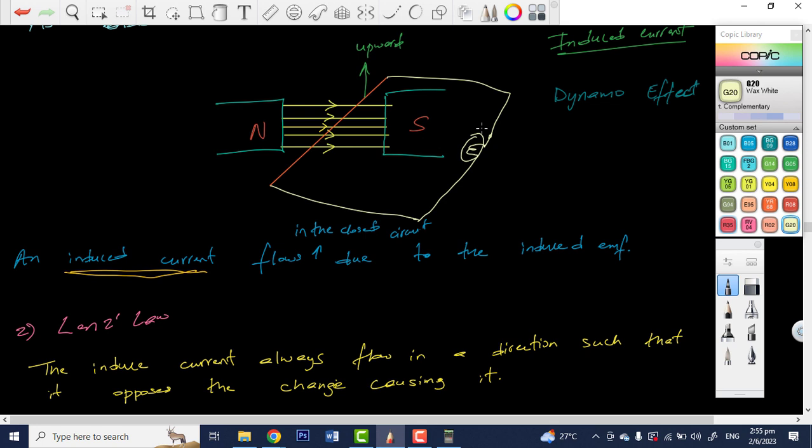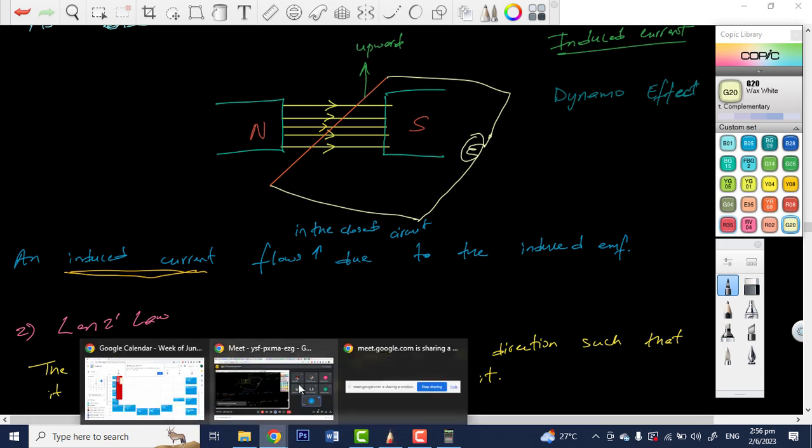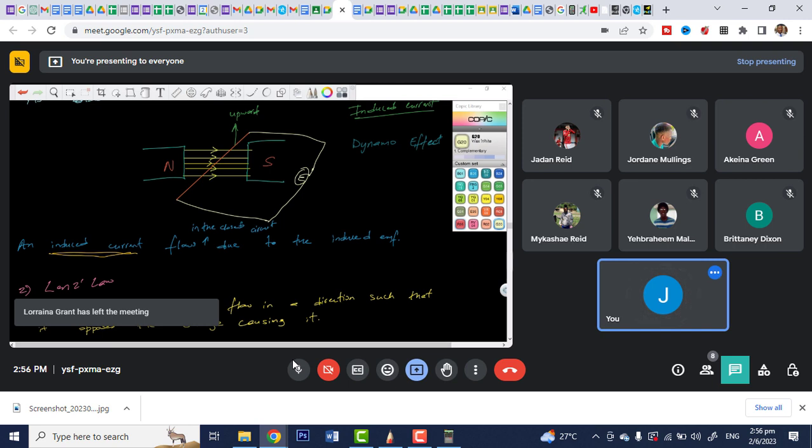So what we're saying is that as we move the conductor upward, that induces a current. Now there's going to be a current flowing in this conductor to prevent us from moving the conductor upward. Does that make sense? So can you repeat? Yes, so based on Lenz's law, the induced current will always flow such that it opposes the change causing it.